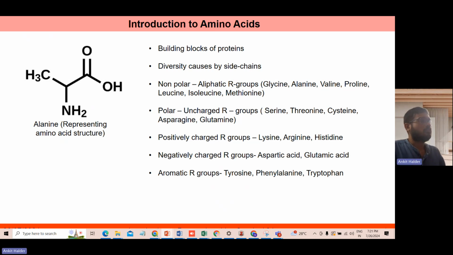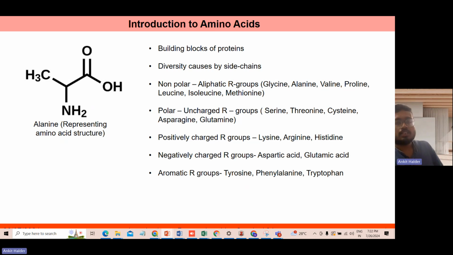I guess no. They are the building blocks of proteins, and there are 20 types of amino acids, the most popular ones, while the 21st and 22nd amino acids have also been identified. In course of time, we may see different types of amino acids, right?